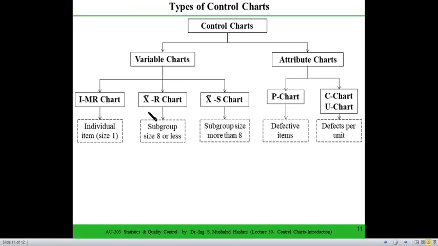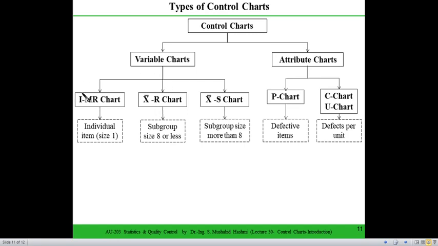Okay, once we go into the different types of control charts, we will understand better. But broadly speaking, control charts can be divided into two classes: variable charts and attribute charts. Variable means the parameter varies, and when it is a continuous variation, we call it a variable chart.